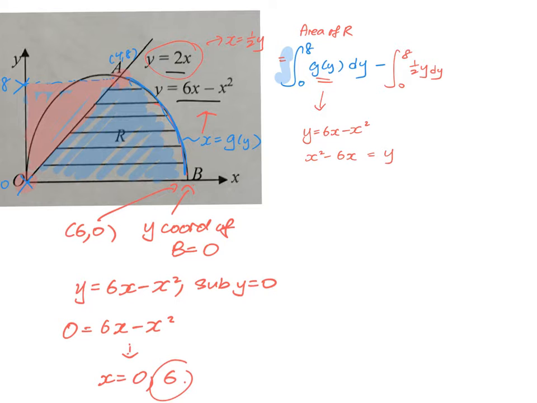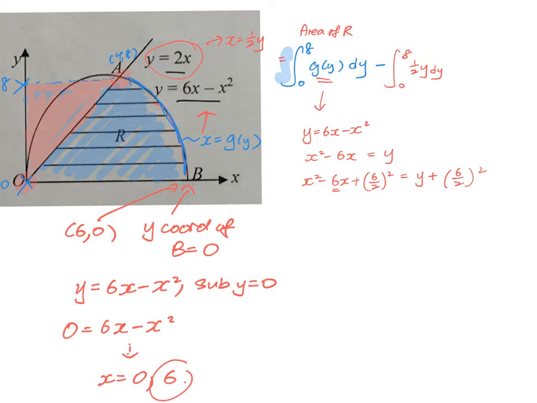That's by completing the square. So x squared minus 6x, if I were to look at this, take the term, divide by 2 and power 2, because we are looking at a squared minus 2ab plus b squared. So this is my 2ab, and this will be my b squared. Because I'm adding 6 over 2 squared on my left, I also need to add 6 over 2 squared on my right.